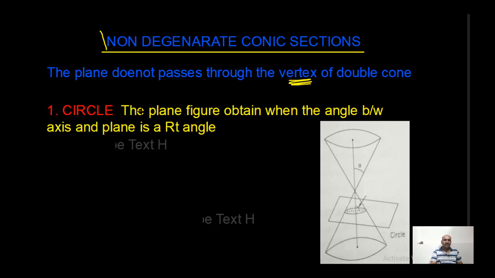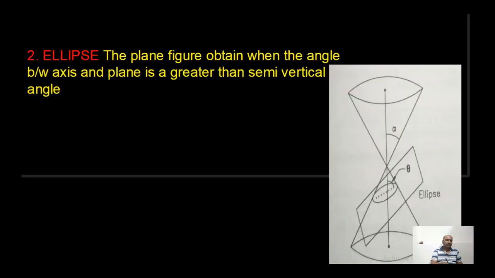Among these, first one is circle. The plane figure obtained when the angle between axis and plane is a right angle. Second one, students.